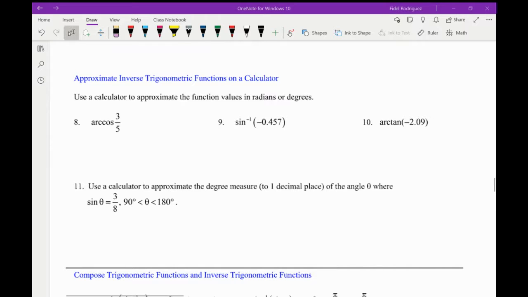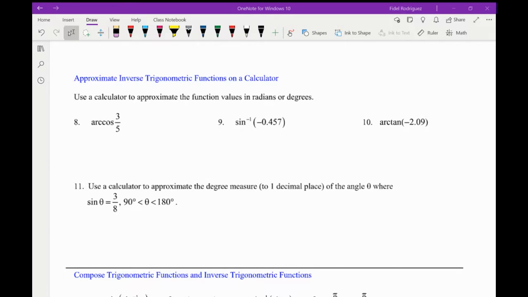On your calculator, has anybody downloaded that calculator app yet? No? Some of you have, some of you haven't. You have your phone with you? What kind of phone do you have, iPhone, Android? iPhone. Okay. Does anybody else need to download the calculator app? That's just my regular calculator.